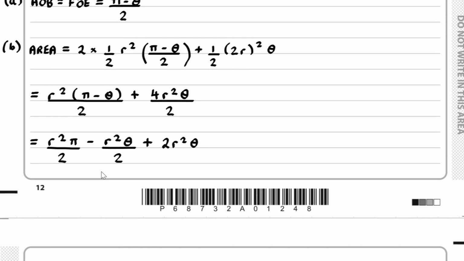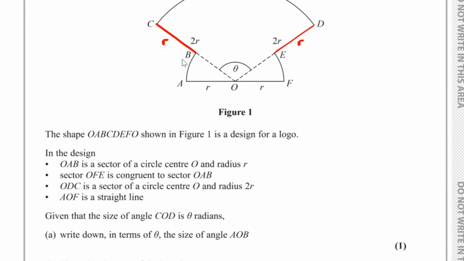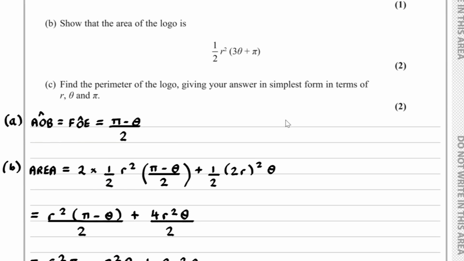And then the arc AB is equal to EF. So to work out what that is, we have the radius multiplied by the angle twice because we have AB equaling EF.